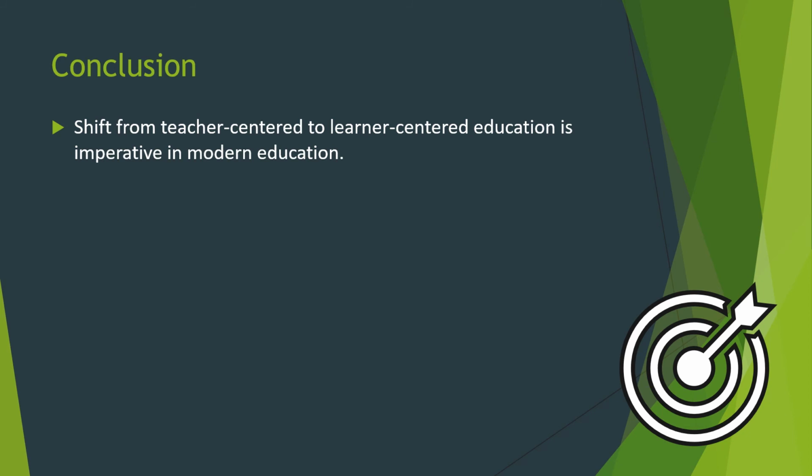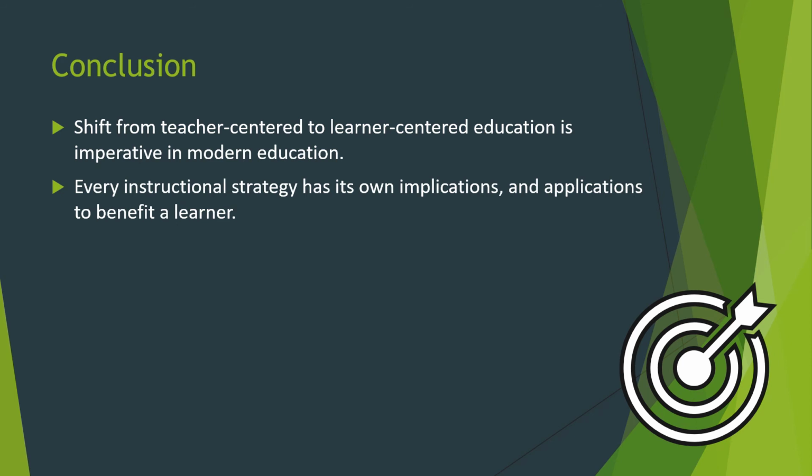We cannot restrict ourselves to the teacher-centered conventional model. Secondly, every instructional strategy has its own implications and applications to benefit a learner. Every strategy gave us an interesting idea to teach the topic of concern.